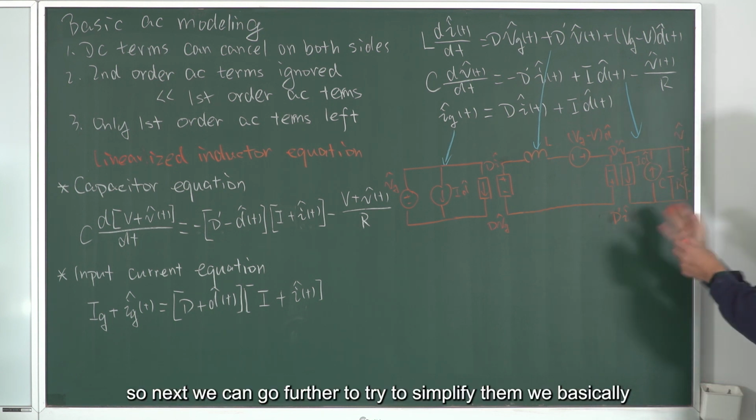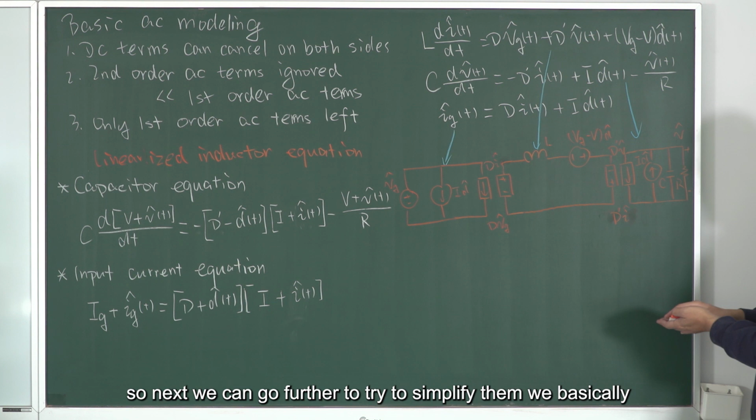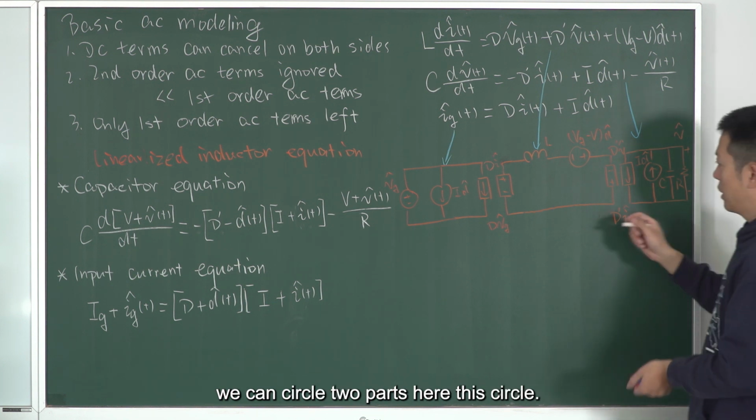So next we can go further to try to simplify them. We can circle two parts, right?